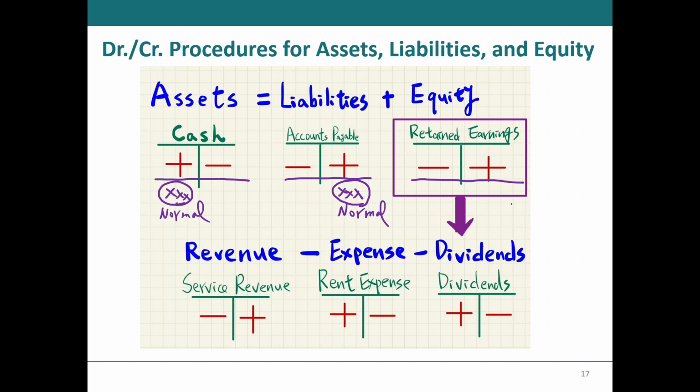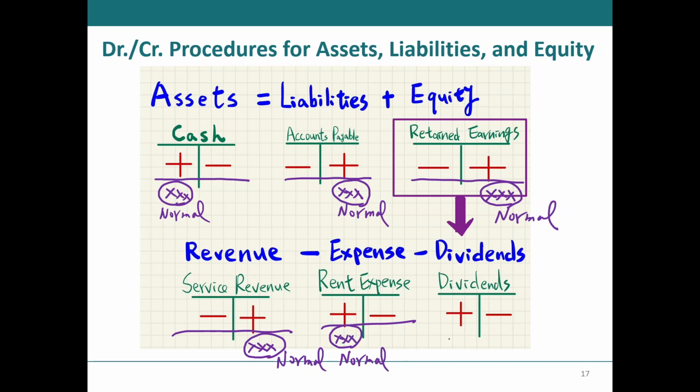For your equity, the final amount, ending balance should be on credit side. They will be normal. For your revenues, the final amount should be on credit side. They will be normal. Expenses, the final amount should be on debit side.